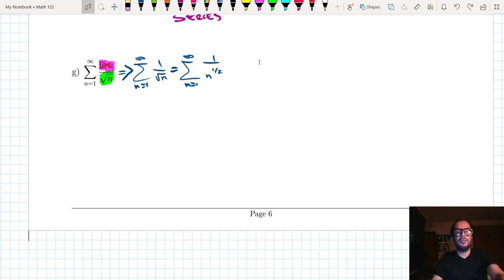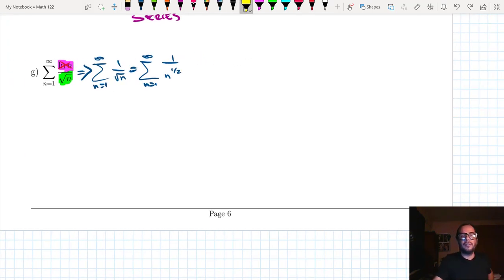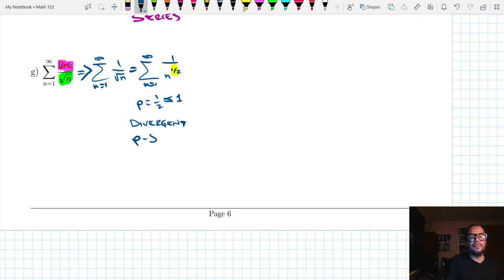That's p equals 1/2, which is a number less than or equal to 1. And that tells us this is a divergent p series.